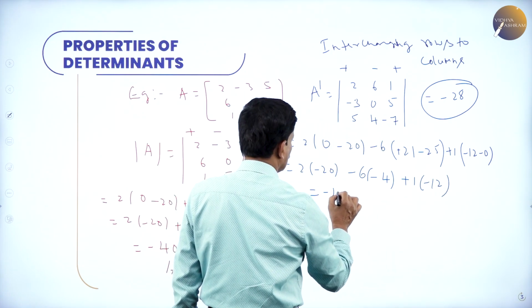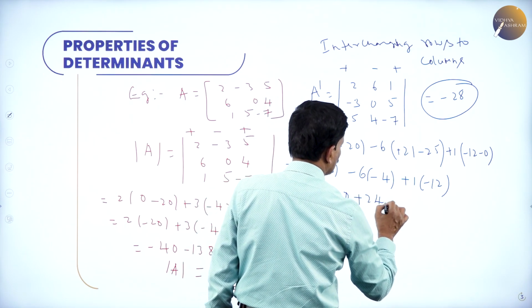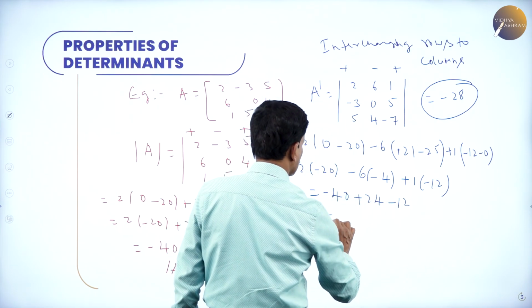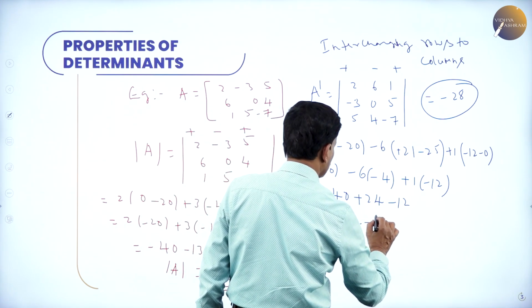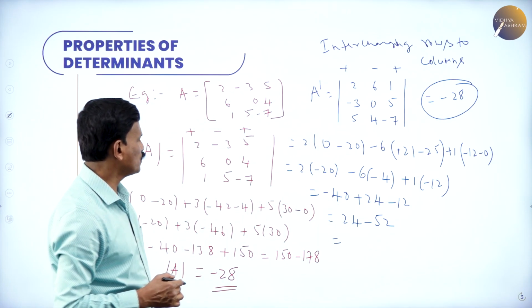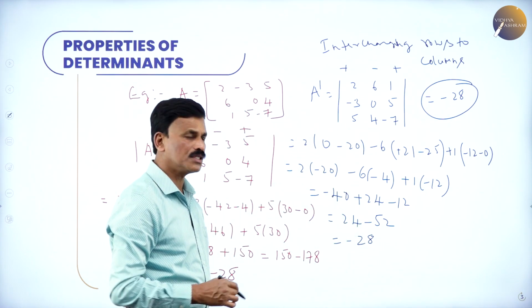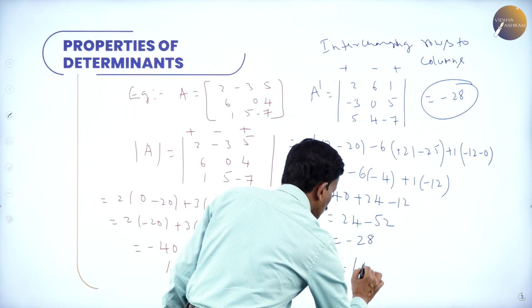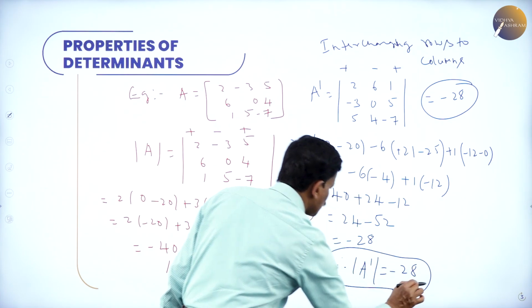So this is minus 40, minus into minus plus 24 minus 12. So this is equal to 24 minus 52, which is minus 28. So the value of determinant A dash is also equal to minus 28.